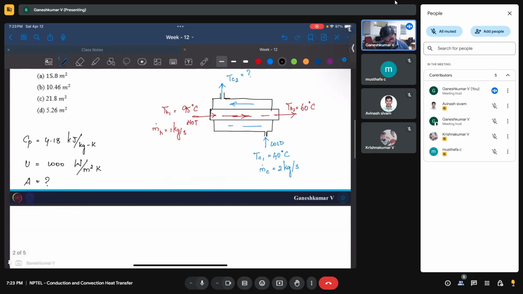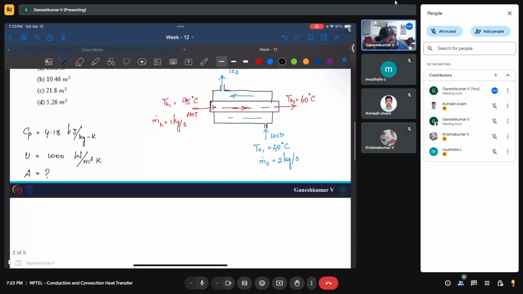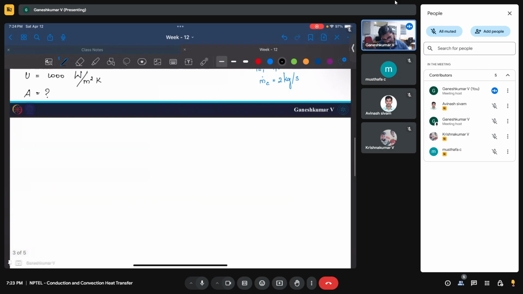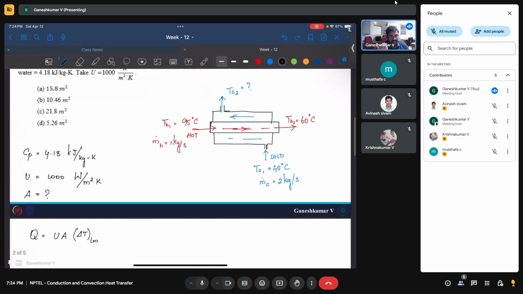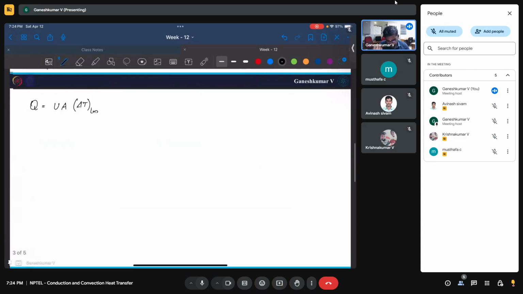So to begin with, how do we begin? We need to find the area. For that, it's from heat transfer only that we will find area. Heat transfer is nothing but U A delta T LM, or LMTD, right? There's a log mean temperature, and it's a design problem, so we will use LMTD.